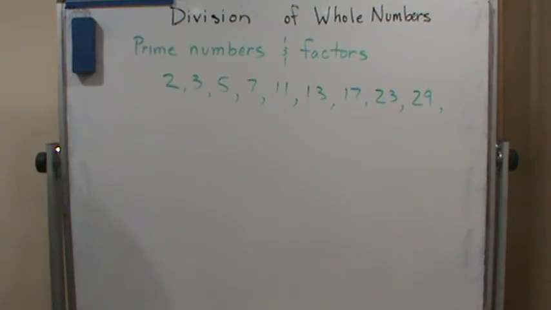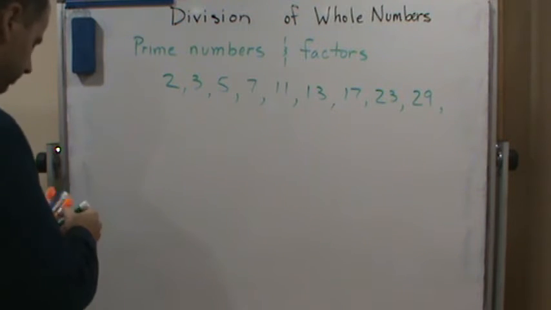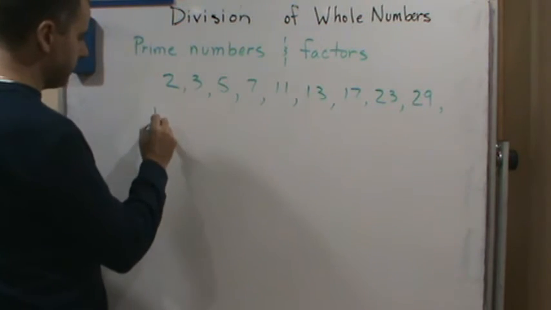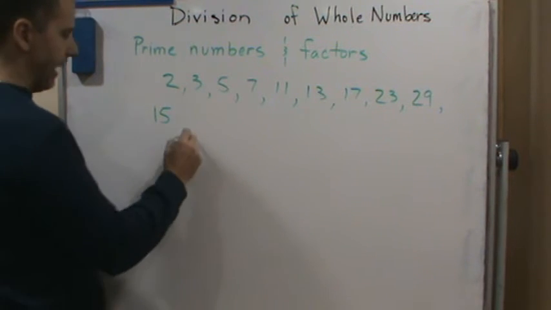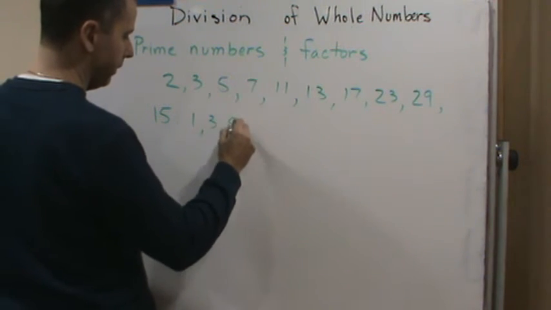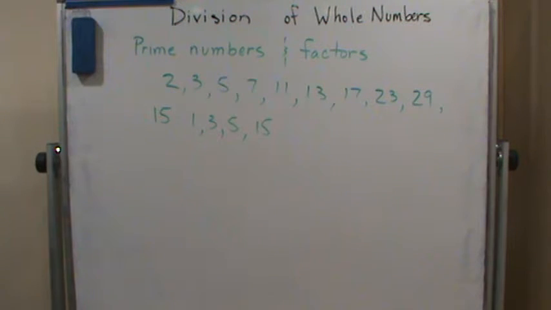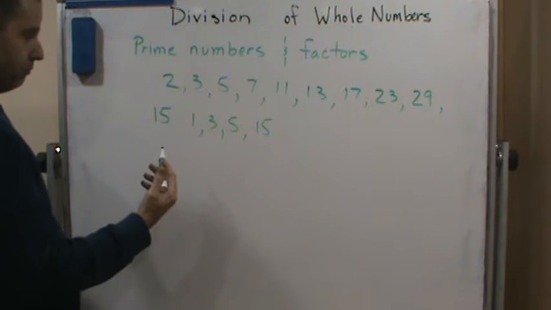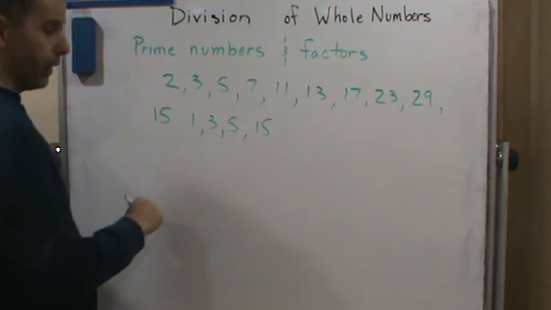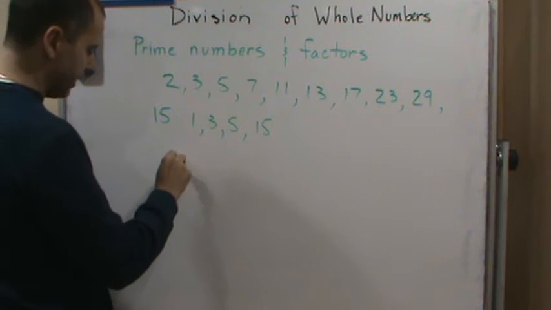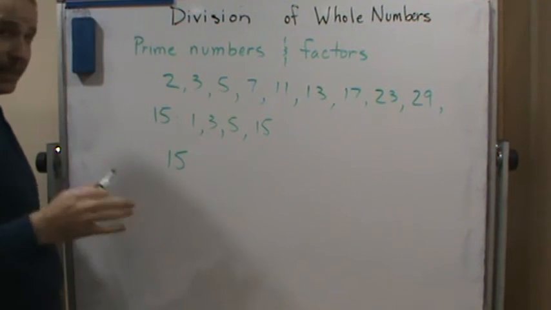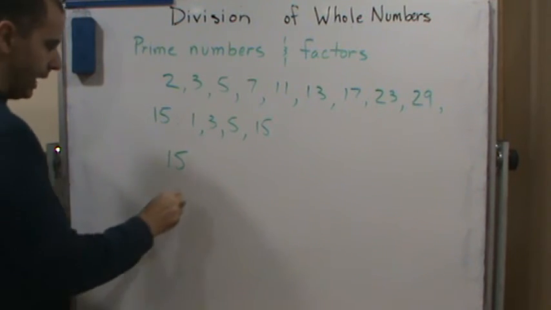So let me give you an example. Let's look at 15. So again, 15 has the factors 1, 3, 5, and 15. Okay, but what are the prime factors of 15? This is a list of factors, but if I was to represent 15 as a product of primes, how would I do it?